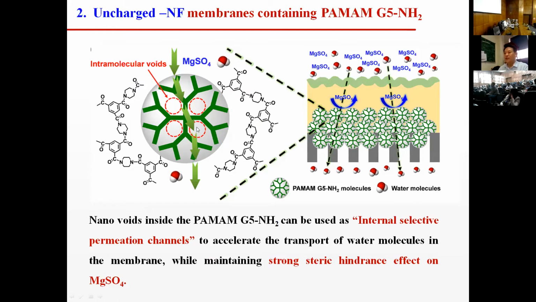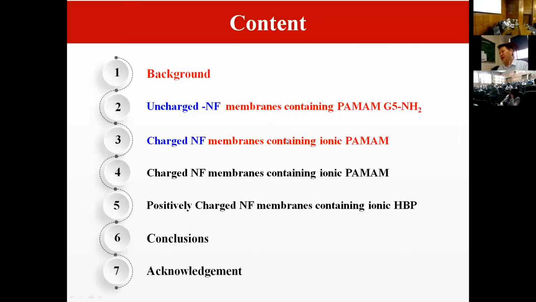So no matter what salt solution is used, the flux is improved for all the solutions. So this work suggests the dendrimer should be a proper nanoparticle for the NF membranes to realize the higher flux.